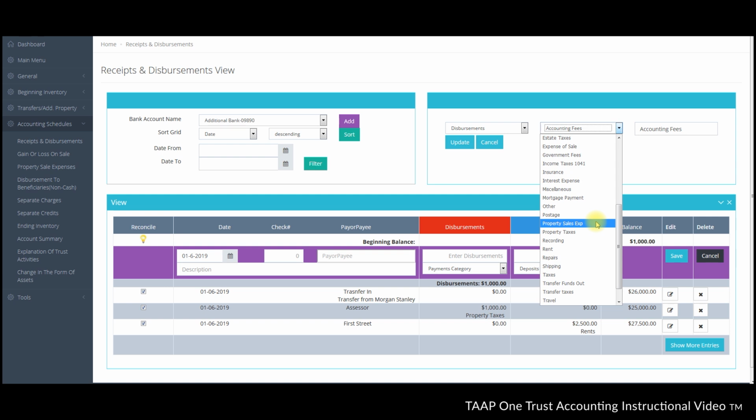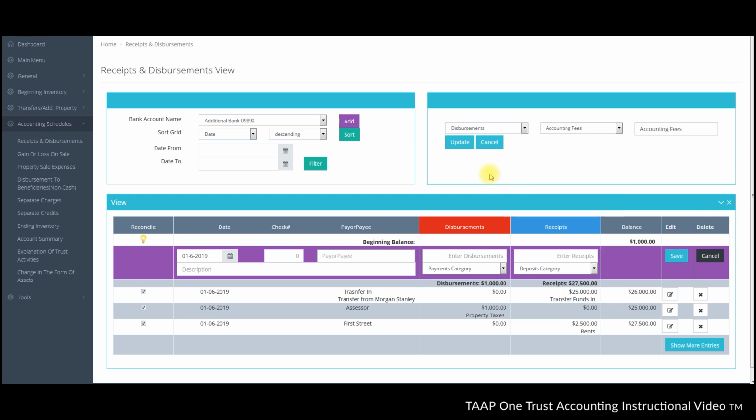If you are making the payment out of the escrow, then that would be reported over here under property sale expenses. So we have corresponding categories here depending on where that payment is coming from.